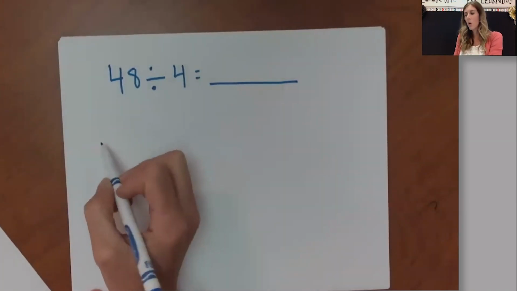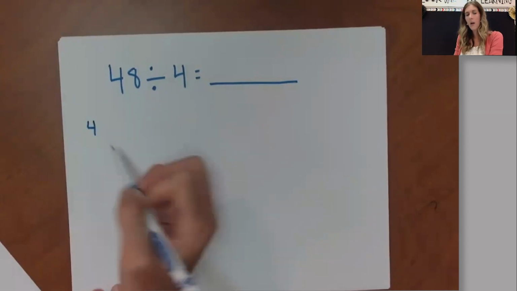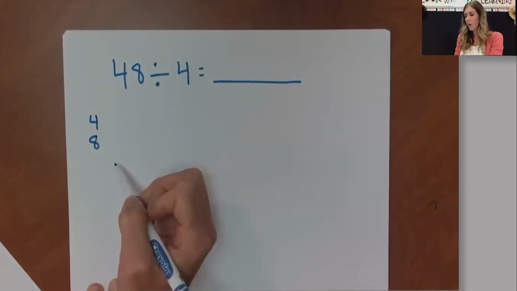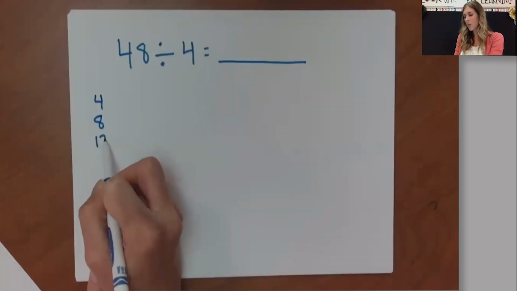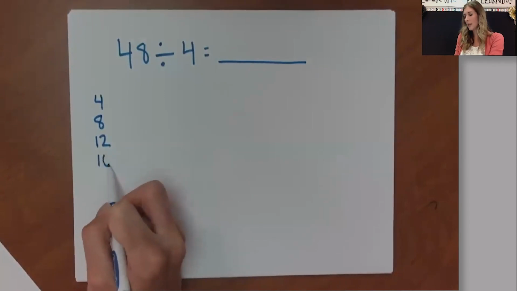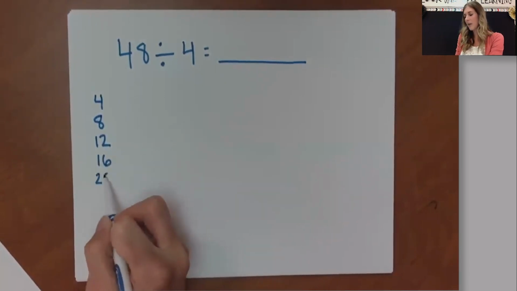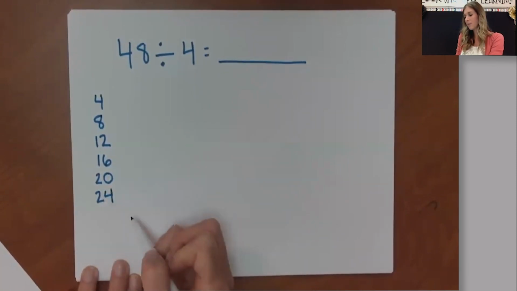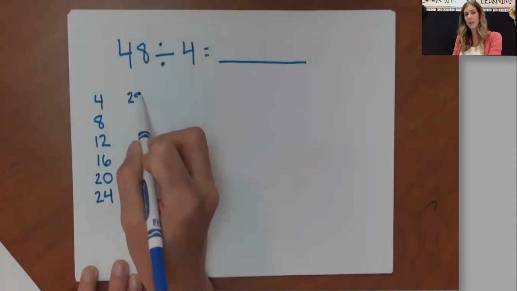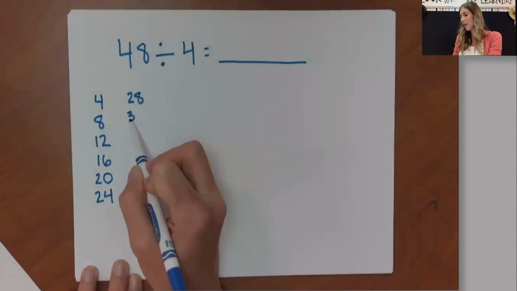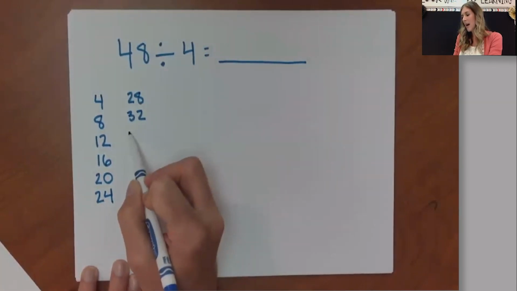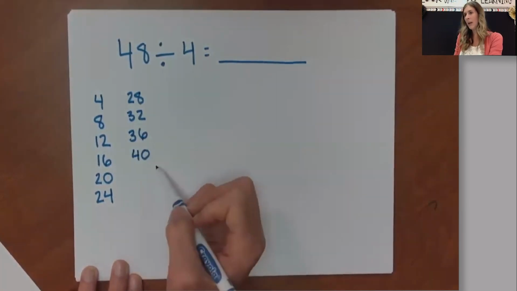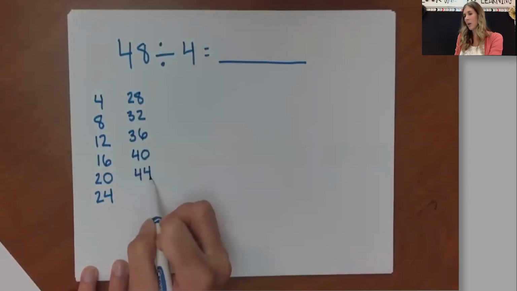So we know 4 times 1 is 4. 4 times 2 is 8. 4 times 3, 12. 4 times 4 is 16. 4 times 5 is 20. 4 times 6 is 24. 4 times 7 is 28. 4 times 8, 32. 4 times 9, 36. 4 times 10, 40. 4 times 11, 44.